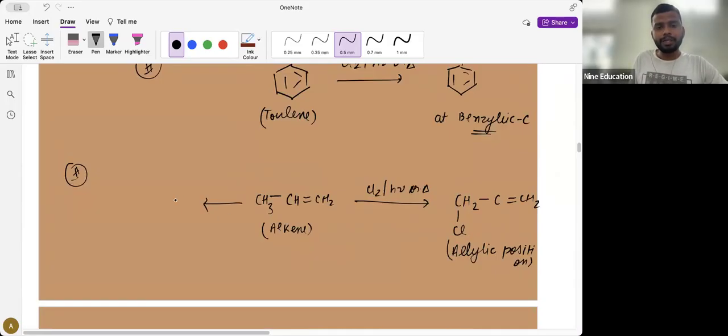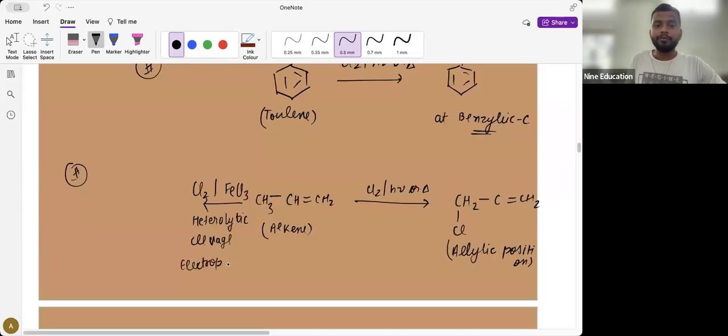And if I put Cl2 with FeCl3 in this reaction, right, this will be heterolytic cleavage, beta. And what will happen here? Electrophilic addition to the alkene will happen.